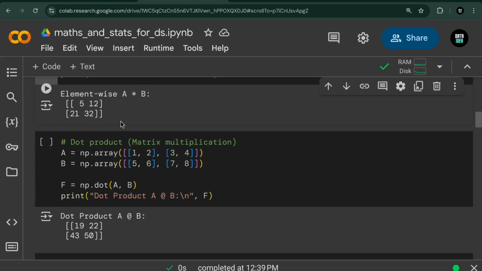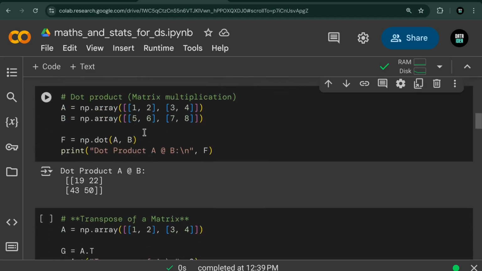Okay, it's really simple. And then there is this dot product. So our dot product here is your usual matrix multiplication, okay, where you get the sum of the products of the row and column values.